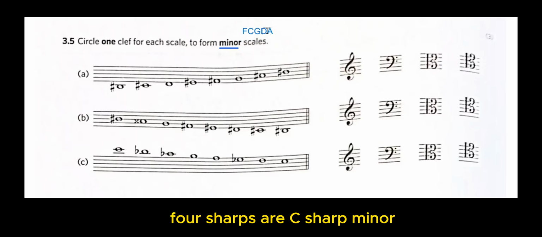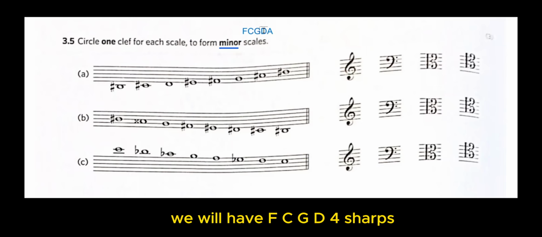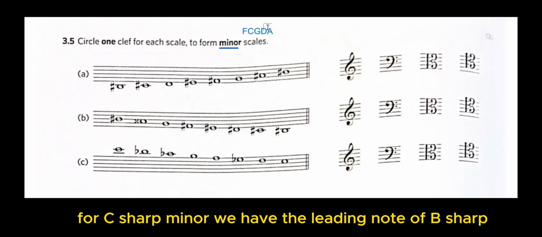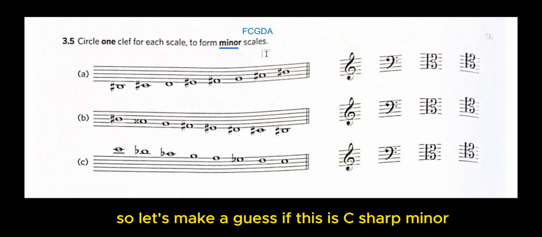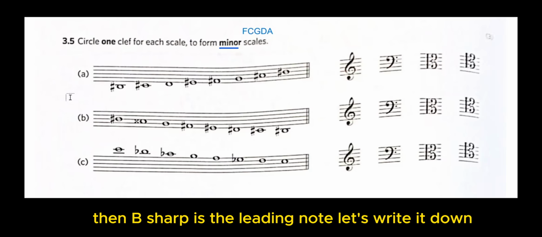4 sharps is C sharp minor. Let's double check. If it is C sharp minor, we will have F, C, G, D, 4 sharps. For C sharp minor, we have the leading note of B sharp. So let's make a guess. If this is C sharp minor, we can write C sharp, D sharp, E, F sharp, G sharp, A, then B sharp is the leading note.